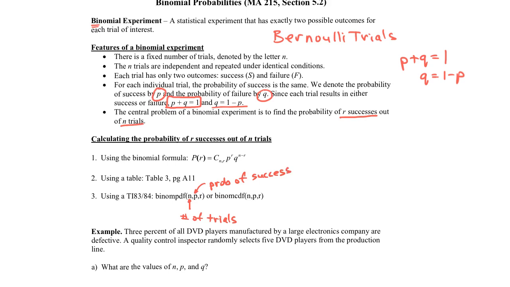Now, since P is the probability of success, being a probability, what does it have to be? Probability means P has to be between 0 and 1, right? So if that's not between 0 and 1, you're going to get an error. And then R is the number of successes.